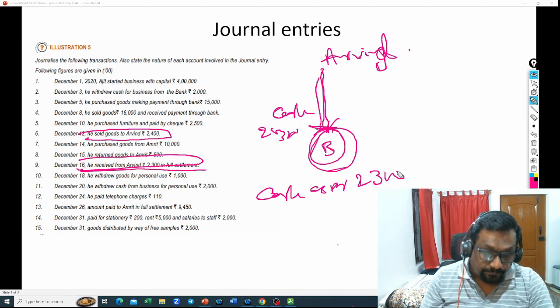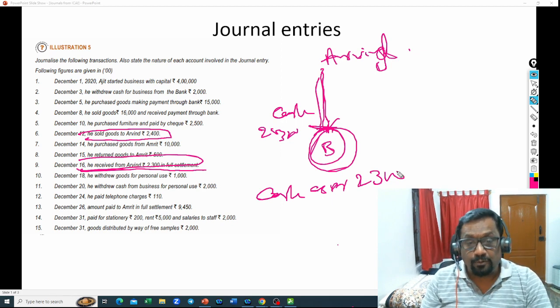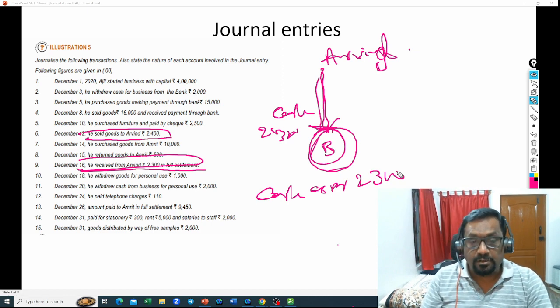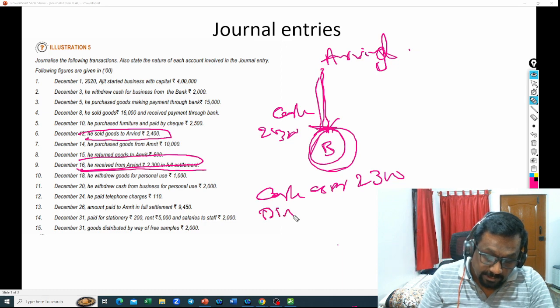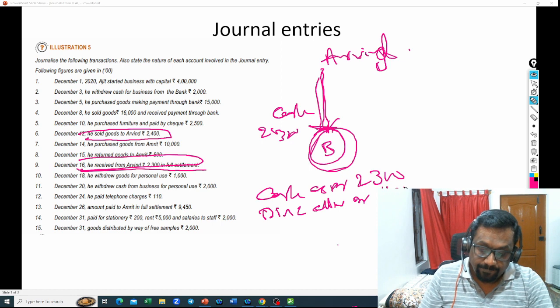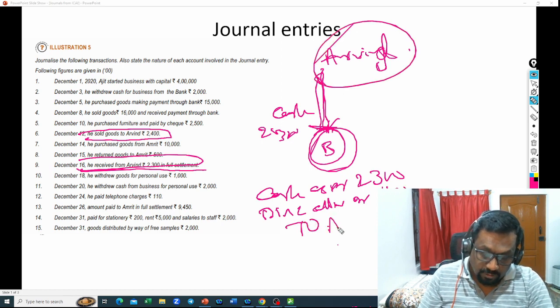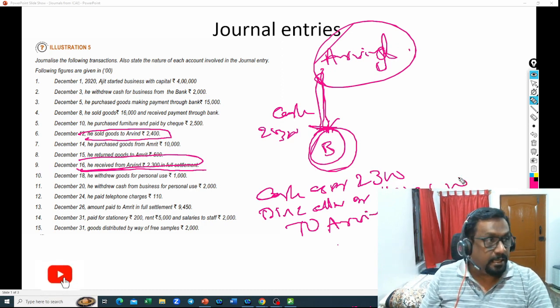And we gave 100 rupees discount to him. The discount is an expenditure for us. All expenses and losses are to be debited in nominal account. So we need to debit discount allowed 100. Then who is the giver? Arvind. So credit Arvind account for 2,400. Clear? This should be the entry.